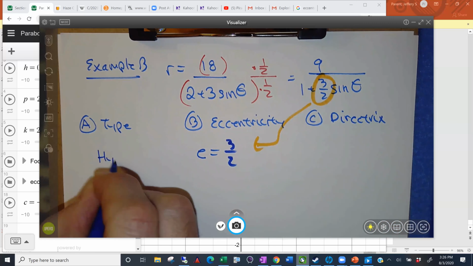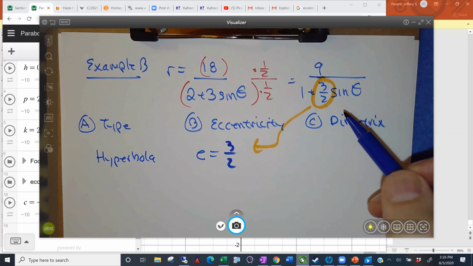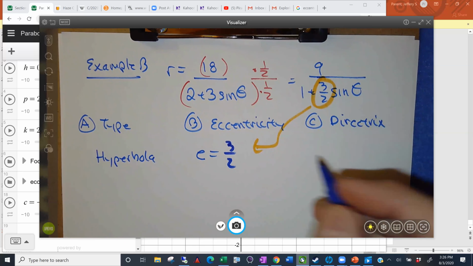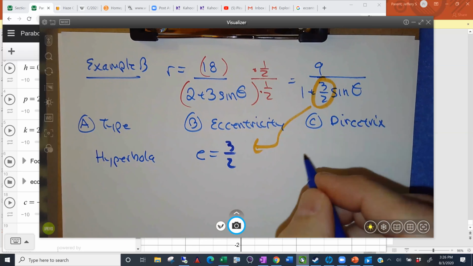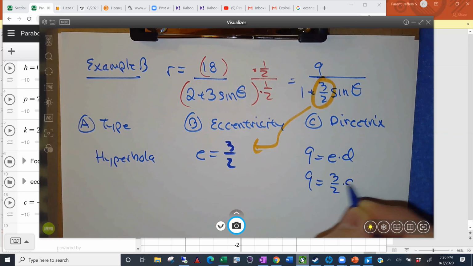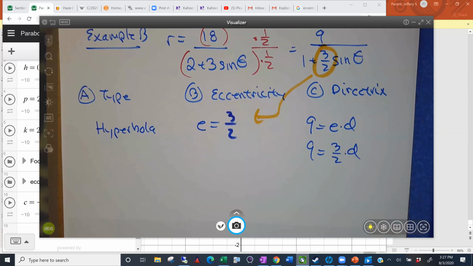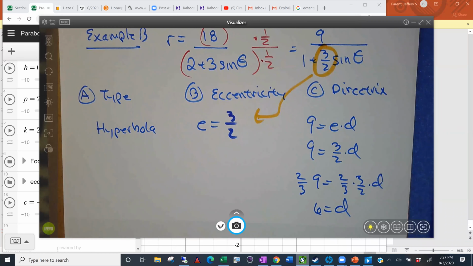And last but not least, we need to figure out the directrix. So the numerator is going to equal 9 equals E times D, or equals 3/2 times D. If you solve by multiplying both sides by 2/3, 2/3 times 9 equals 2/3 times 3/2 times D. You get 6 for D. Okay.